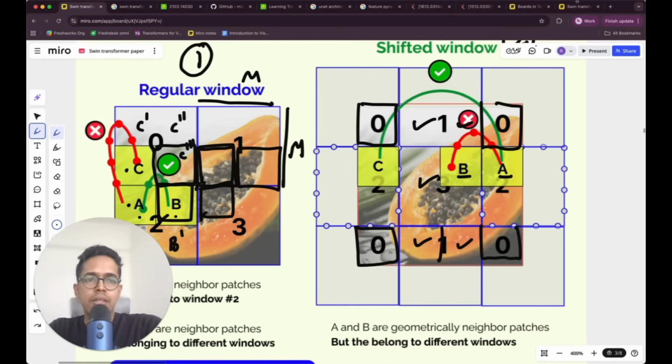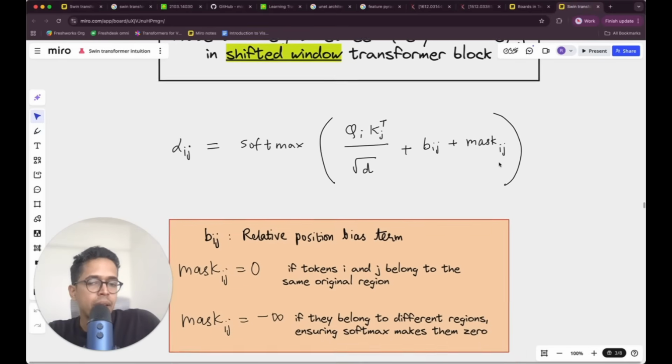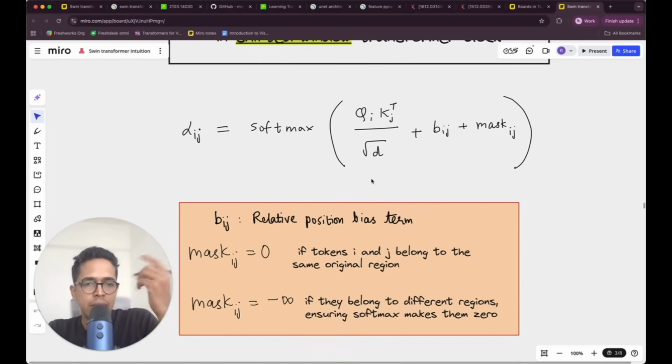So an additional masking term is introduced, called mask ij, where the mask ij value is 0 if the query i and key j, meaning patch number i and patch number j that are trying to attend to each other, have the same window ID.